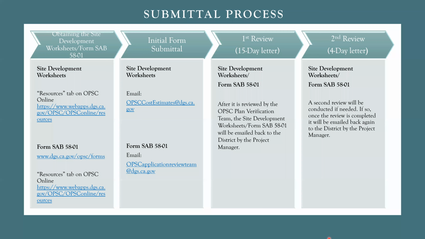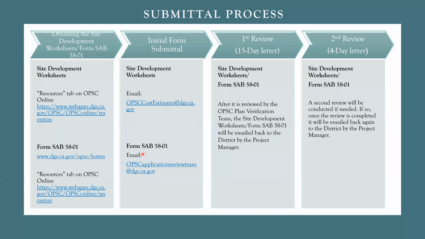Submittal process. Here is a quick overview of the submittal process. Depending on what kind of project you're submitting, if it's a new construction or a modernization project, you would click on this link to obtain the site development worksheet. Or if it's a facility hardship project, you would click on this link. For site development worksheets, you submit them to OPSC cost estimate at dgs.ca.gov.